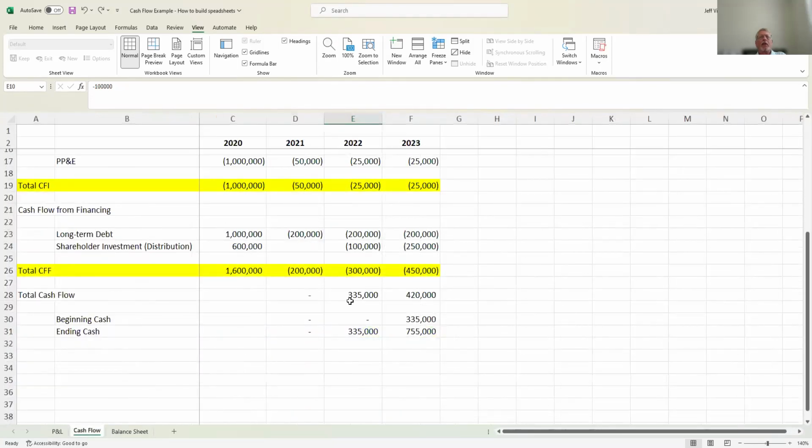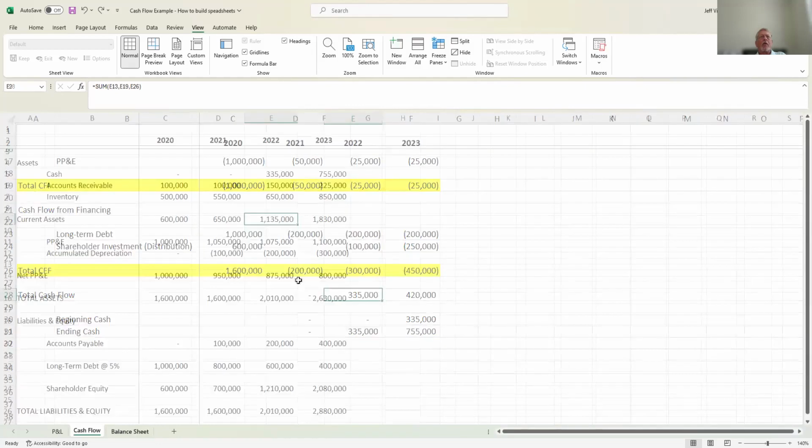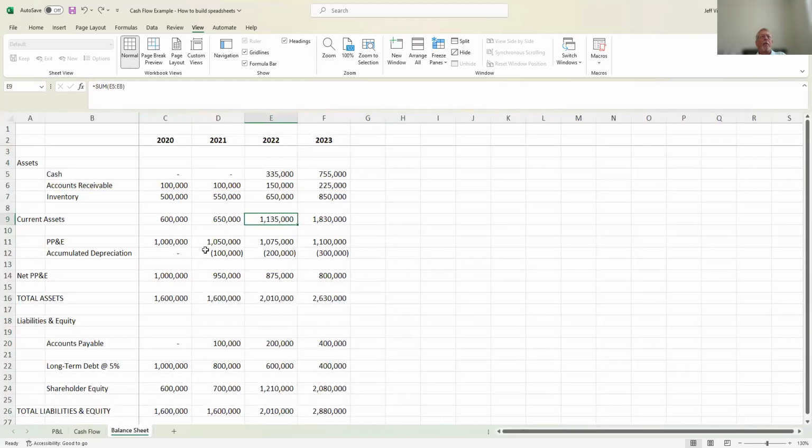Remember, down here, you're 335 in cash. Your property, plant, and equipment is increased by $50,000 in 21, 25,000 in 22, and another 25,000 in 23. And for simplicity, we're just keeping the depreciation the same at 100,000. So cumulative, you're now at 200,000, and now you're at 300,000.